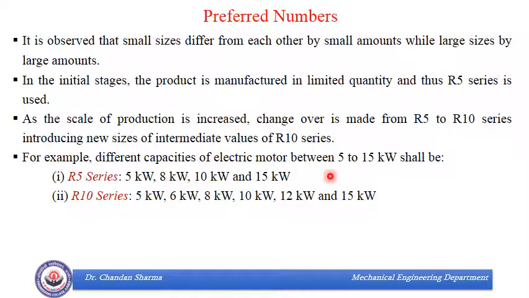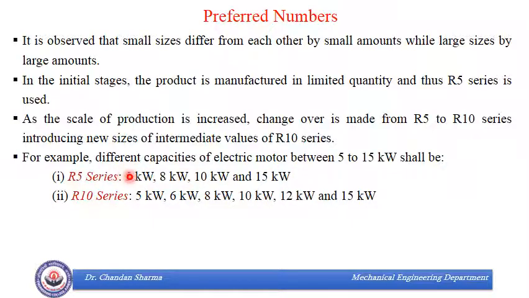So 5 multiplied by the factor for R5 series, that is 1.58, rounded off to the next number is 8. So the next power rating will be 8 kilowatt. Then 8 kilowatt multiplied by 1.58 gives 10 kilowatt, 10 into 1.58 gives 15 kilowatt, the nearest integer. So in the R5 series there will be 4 power ratings.